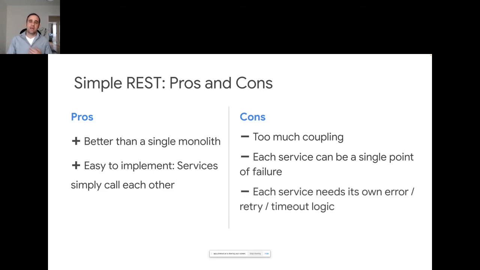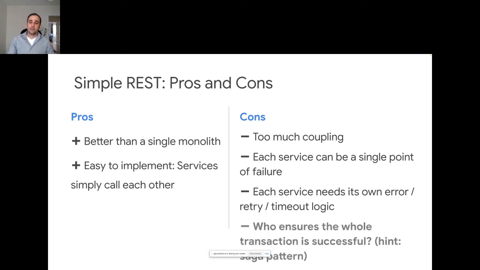And when some service doesn't work, you probably want to do some kind of error or retry logic. So you need to apply that somewhere, usually within your code. And for me, the biggest problem is that there's nothing ensuring that the whole transaction is successful, right?